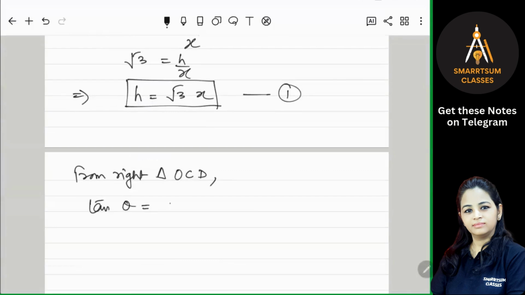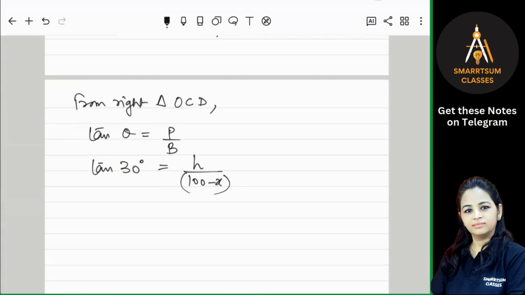The value of theta is 30 degrees. So tan 30 degrees is perpendicular, which is H, the pillar height, upon the base, which is 100 minus x.